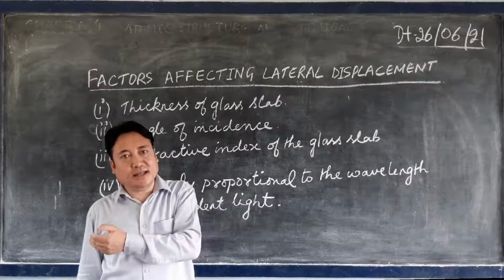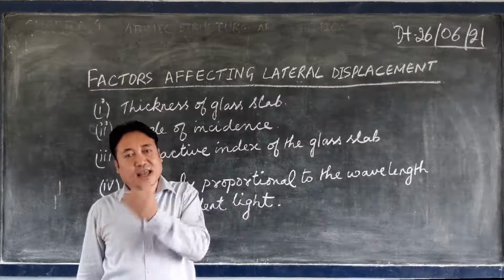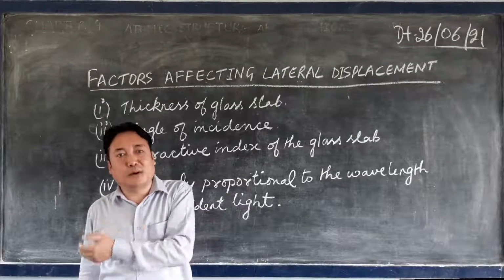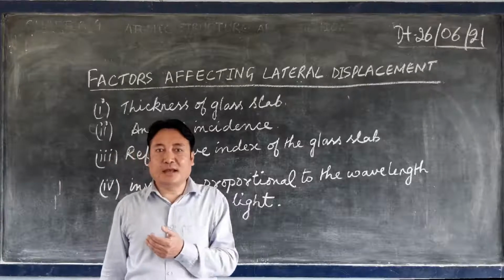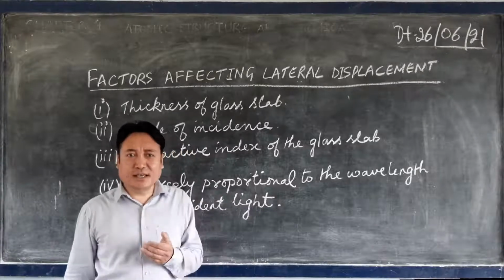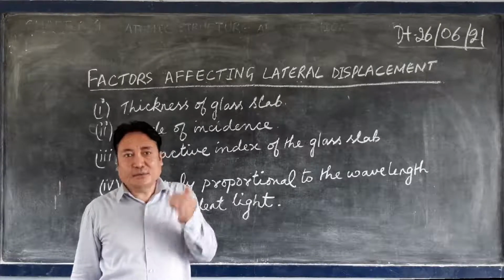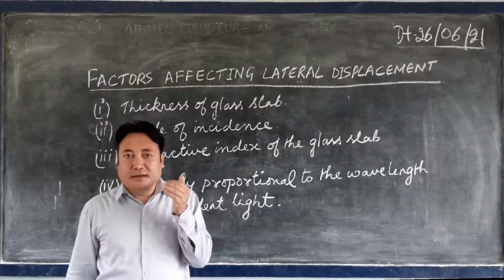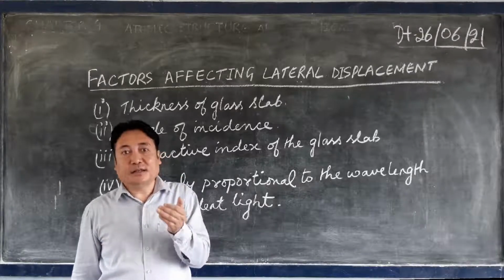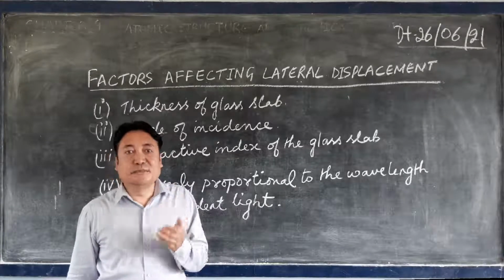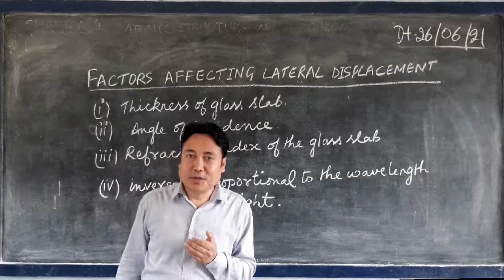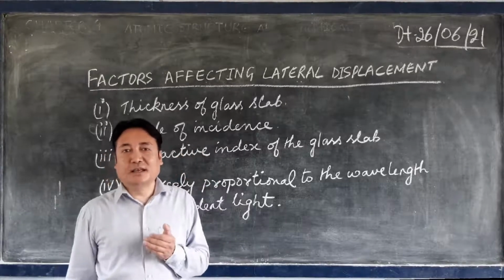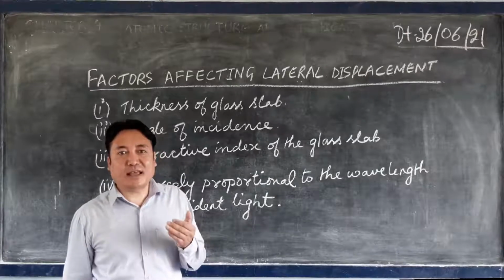That refracted ray, when it comes from the glass slab towards the air, is known as the emergent ray.